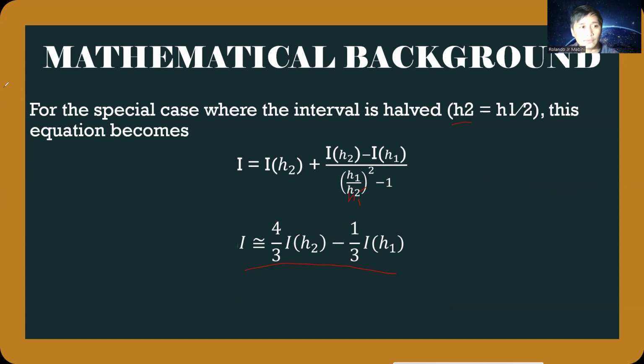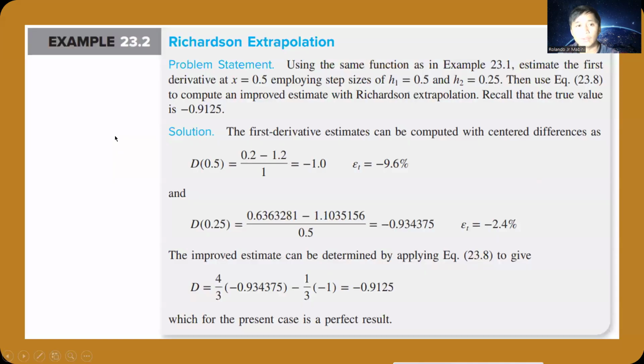Okay, so say for example, this is the example given to us in the book. Using the same function as in example 23.1, estimate the first derivative at x equal to 0.5, employing step sizes of h1 equal to 0.5 and h2 equal to 0.25.